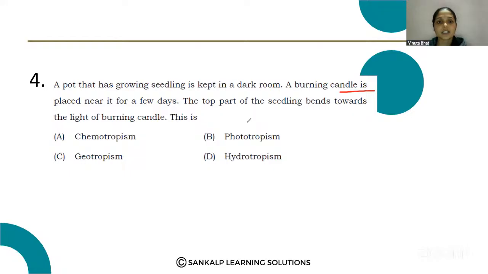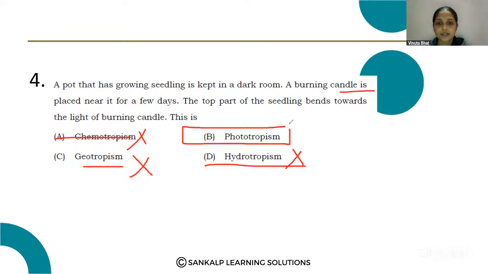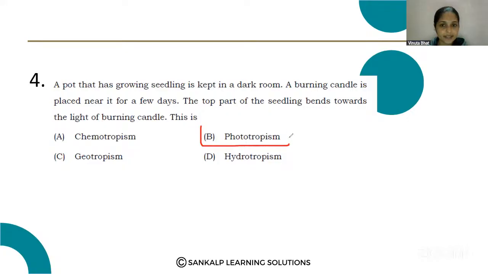The bending of the stem towards the light is not chemotropism. Geotropism is towards the soil or gravity, so that is also wrong. Hydrotropism is not correct. Phototropism is towards the light, so that is the correct answer. Option B is the correct answer. Yes, Sridevi, you are right.